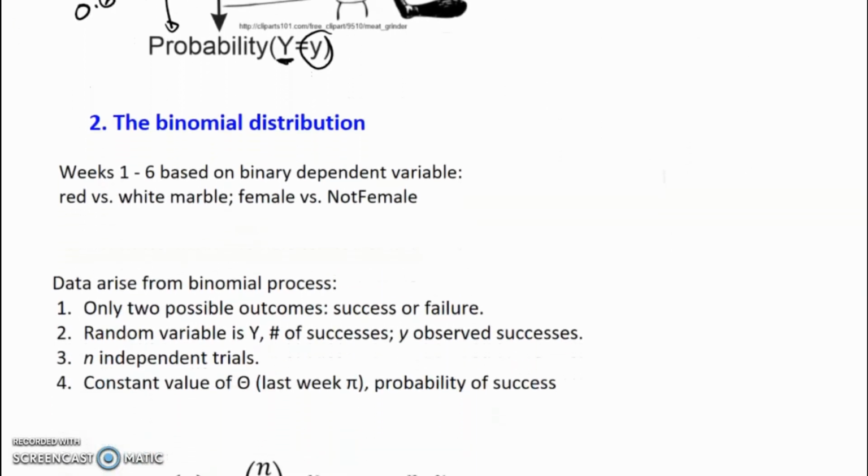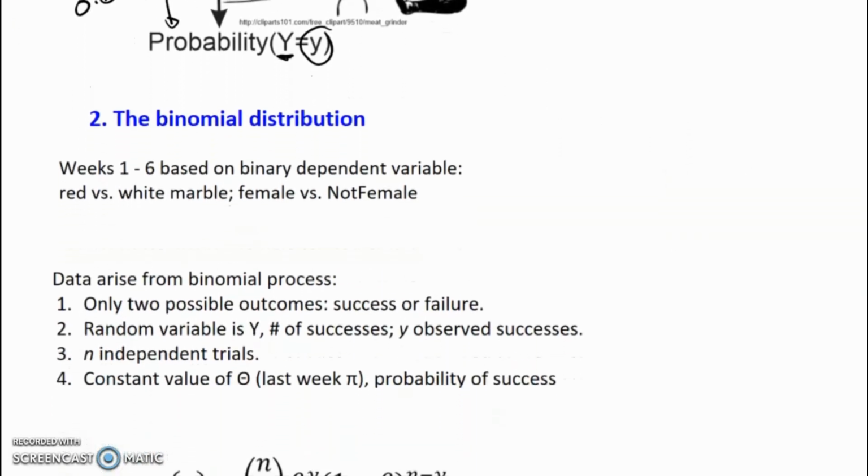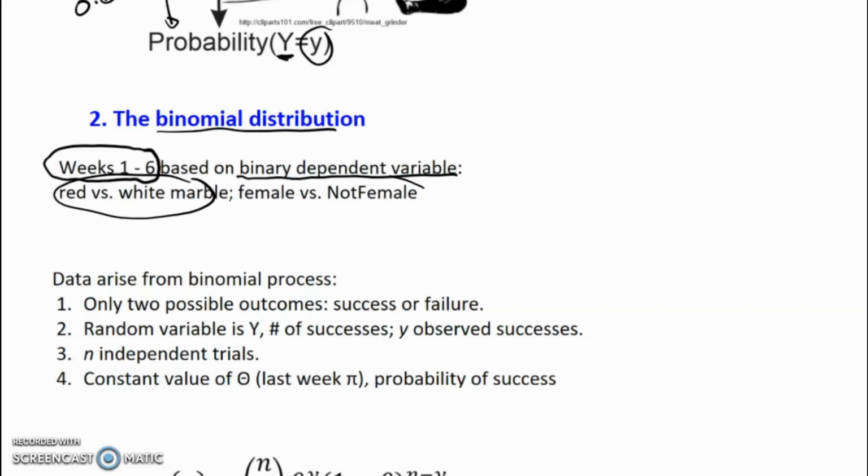The second thing I want to go over is the binomial distribution. The binomial distribution is really important because weeks 1 to 6 of this seminar are going to be based on it. The binomial distribution comes into play when we've got a binary dependent variable, a variable that can only take on one of two outcomes. For example, a red marble versus a white marble, female versus not female, true versus false, alive versus dead.